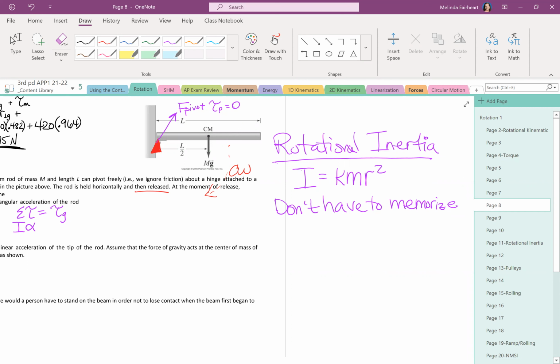AP questions will give you this equation, okay? Now you may be wondering what the K is. You're like, spring constant, what? So K, for whatever reason, it's just representing the constant. Here we're going to call it the shape constant. Remember I said inertia is how the mass is distributed. And so I've got a little box of objects. Sorry, video people. I am holding in one hand a ring, or also called a hoop. It's hollow. And so all the mass is where? On the inner or the outer?